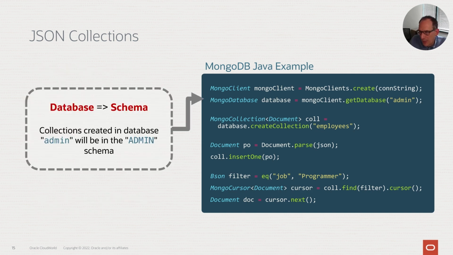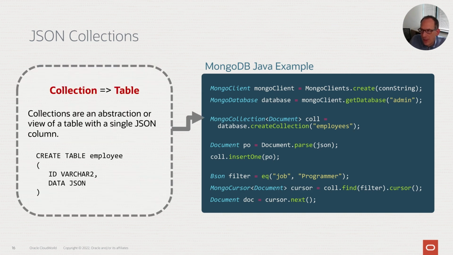But if we look at it a bit more closely, we can map this conceptual world very nicely to the relational model that we have in Oracle. What MongoDB calls a database is really what we call a schema. So there is no mismatch there. And similarly, what's a collection is what we call a table.